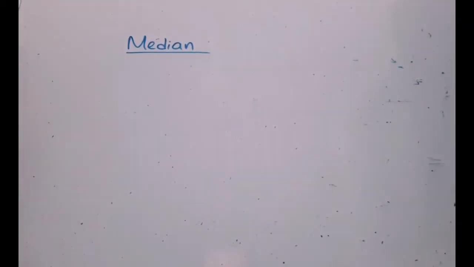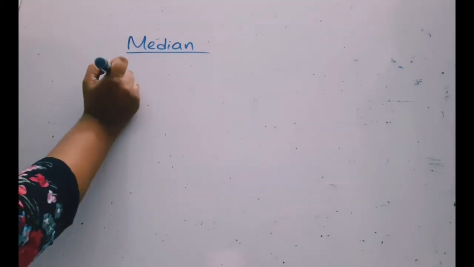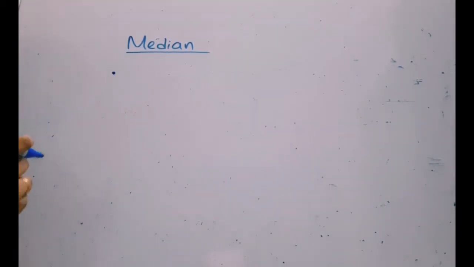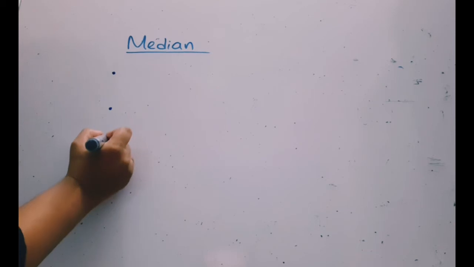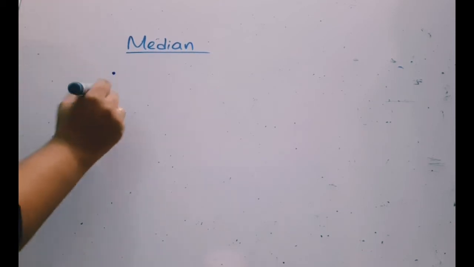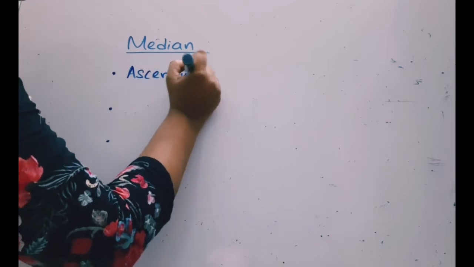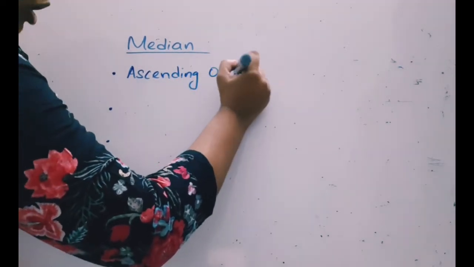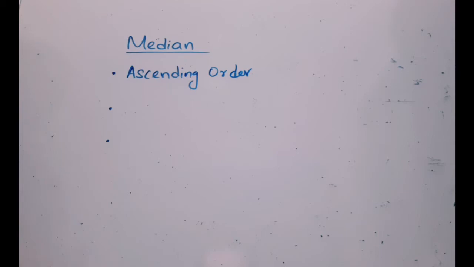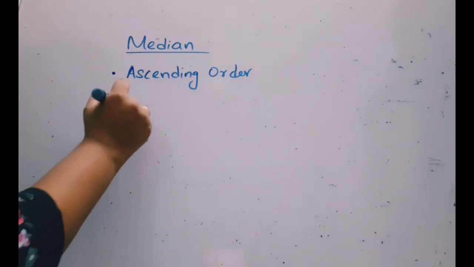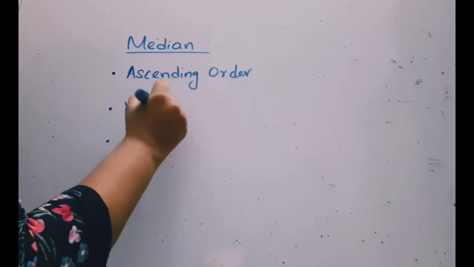Next we are going to find the median of the collection of data. When you are asked to find the median of the data, children, you have to consider a few things. First, it must be written in ascending order. That's going to be your first step in order to find the median. Next, the median is the value in the center.